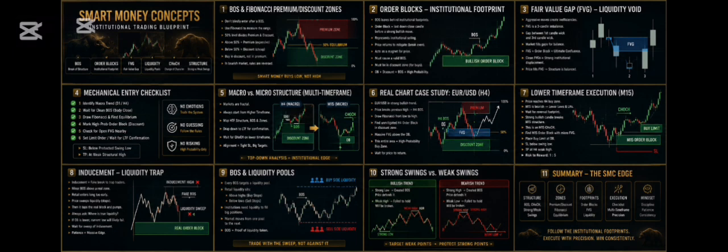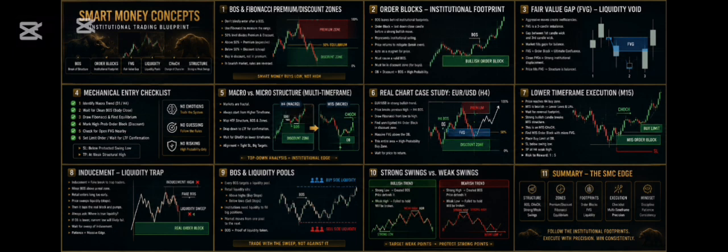Never view a break of structure as just a simple line break on your chart. View it as a major event where billions of dollars changed hands instantly. Understanding this prevents you from trading directly into major institutional liquidity traps.